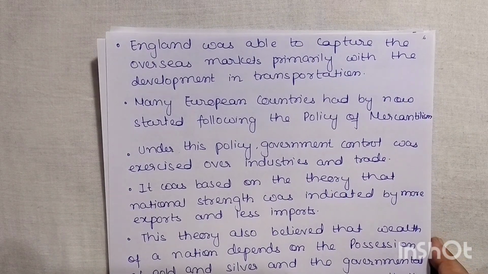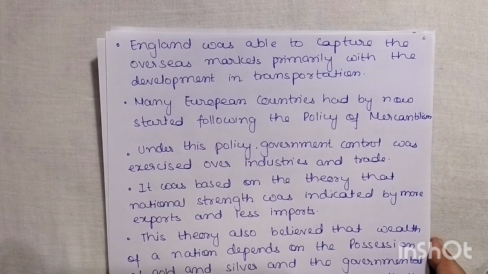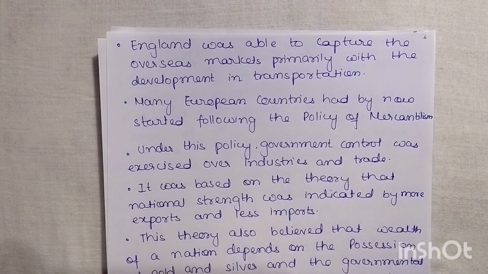Many European countries had by now started following the policies of mercantilism. That is where a group of people look after the profit expectation, adopt changes in technology, and gather capital. Moreover, they work on the strategy of expanding the business in a very good way.